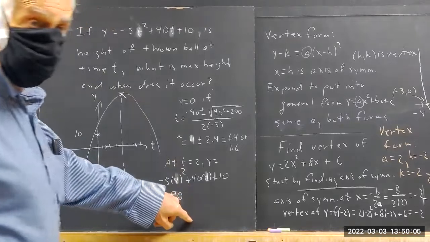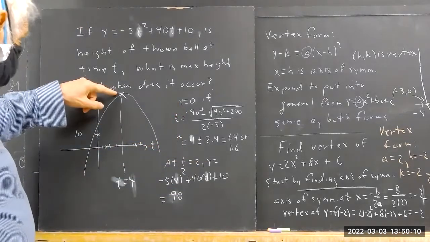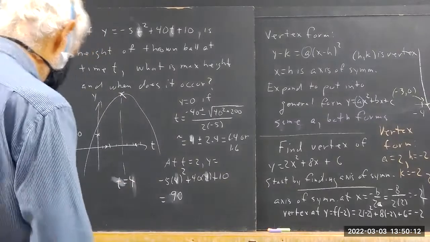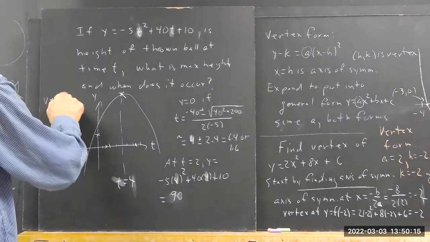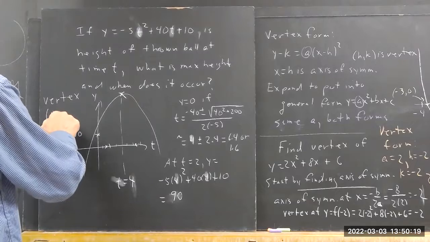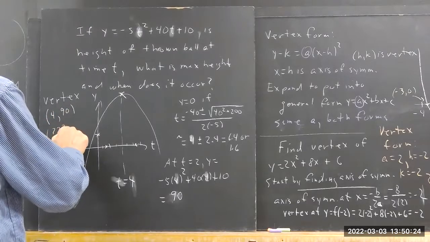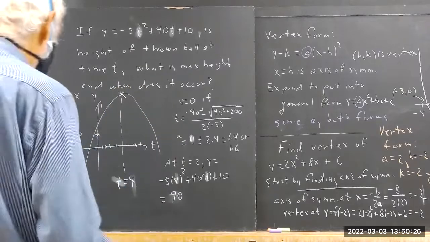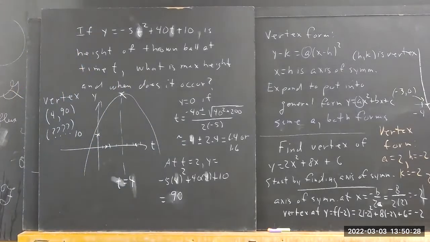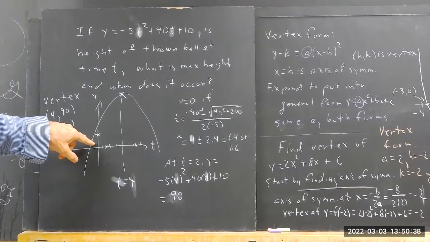Maximum height occurs at the vertex. If you get the vertex correct, according to my calculations, and you can correct them, the vertex, I think, is at 90, question mark, because some things about the graph don't appear to reconcile, like the zeros don't seem to be consistent with where the vertex is and the y-intercept, okay?